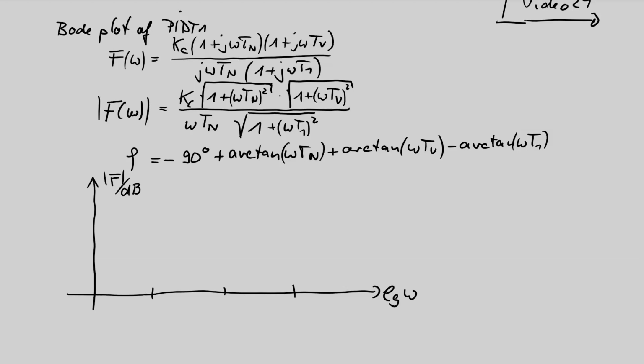And now note, in control systems, so in this lecture, we always have Tn larger than Tv, because we select the Tn and Tv values with pole compensation, and Tn is selected to the largest process time constant, Tv to the second largest process time constant.